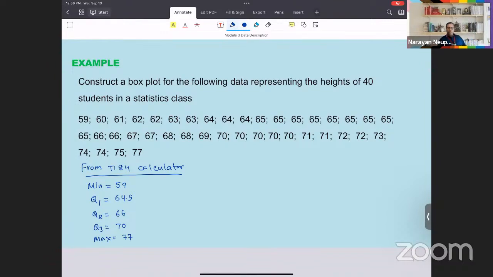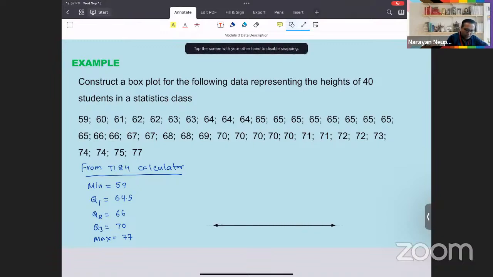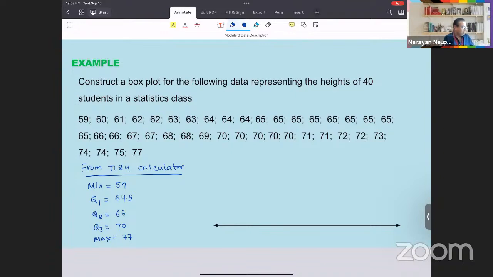Okay, so we write all those values. Now we have to draw the box plot, right? So what we do is we draw that line to show all the data values. So let's draw that first. Then you want to adjust the data from 59 up to 77.